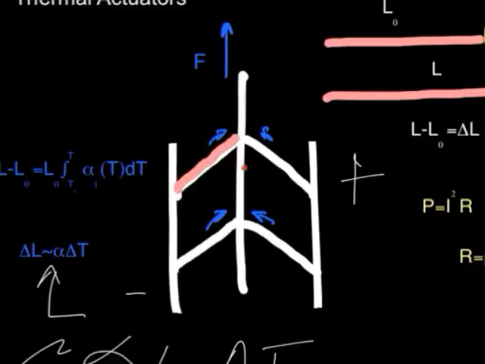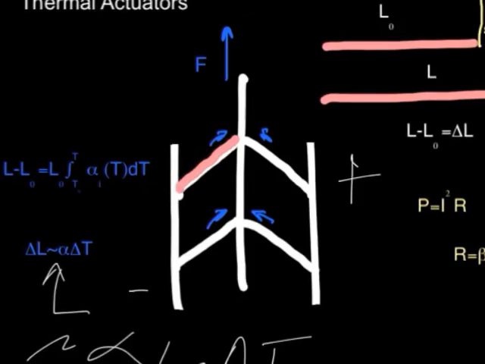There will be some heat transfer along the shuttle, but not a lot. And generally, the shuttle is a lot larger than the legs, so it won't carry nearly as much of the current flow. And it has a lot more mass to absorb heat. So the shuttle is larger, it has more mass, it doesn't heat up as much, so it won't expand quite as much. There'll be some effect, but it'll be minimal. Any other questions? Good question.